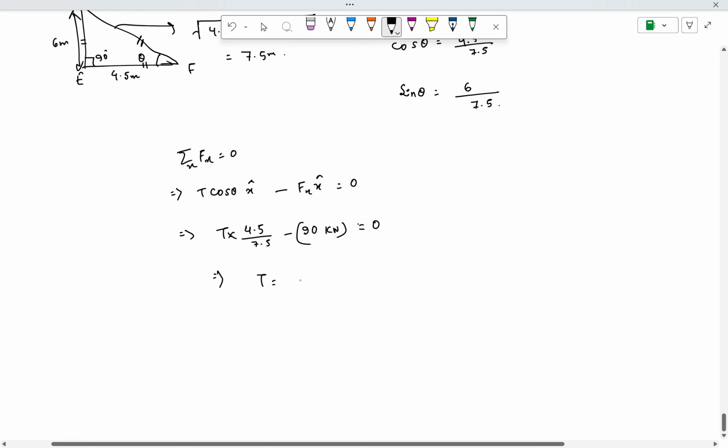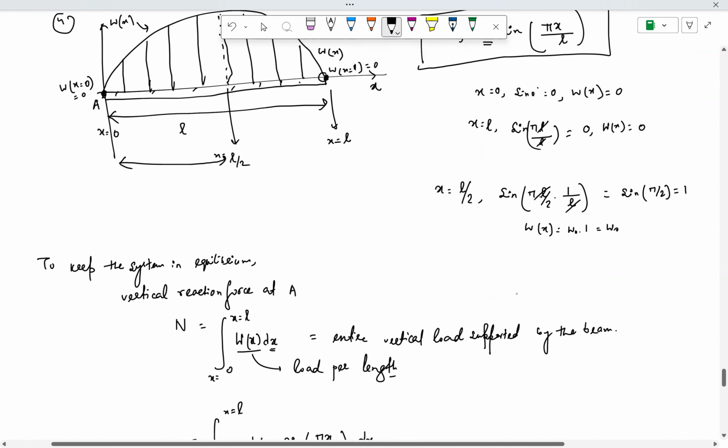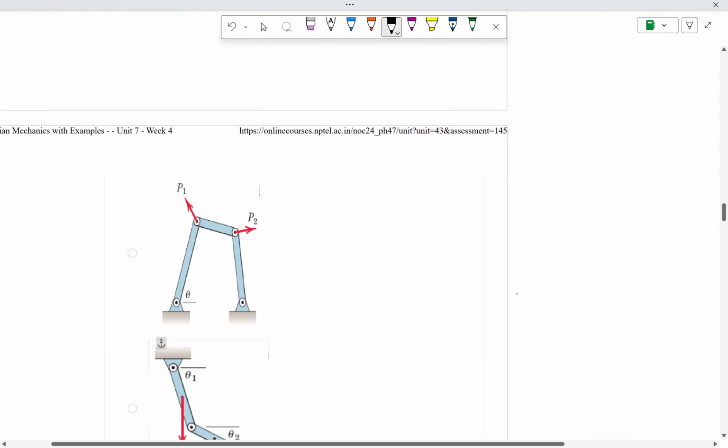So T is basically 90 into 7.5 by 4.5 kilonewton. If you use your calculator, 7.5 into 90 divided by 4.5, I am getting 150. So 150 kilonewton. This is the tension that is acting along the rope BDF.